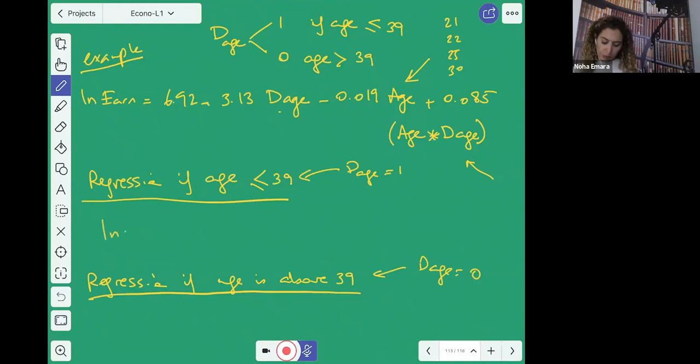Log earning. I read log earning as learning. Okay. Log earning is equal to 6.92 minus 3.13 multiplied times 1 minus 0.019 age, right, plus 0.085 age times 1.